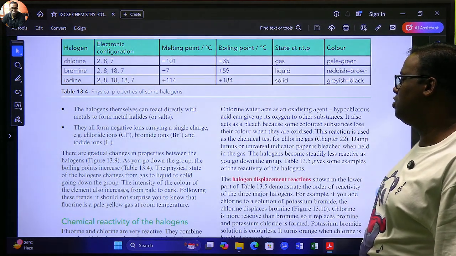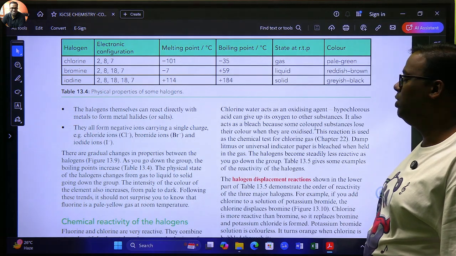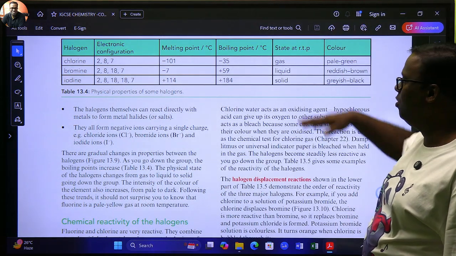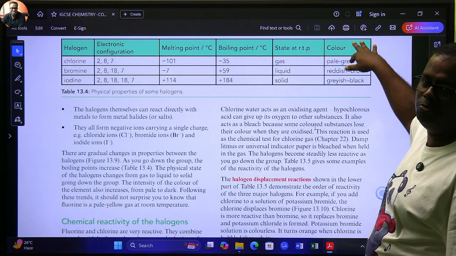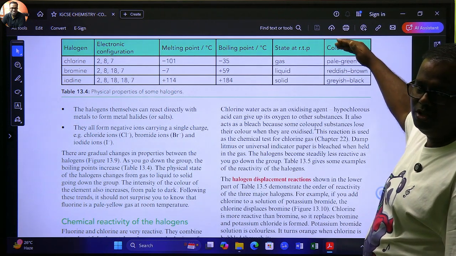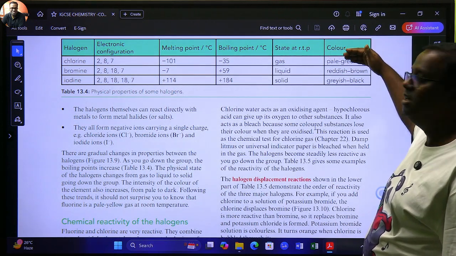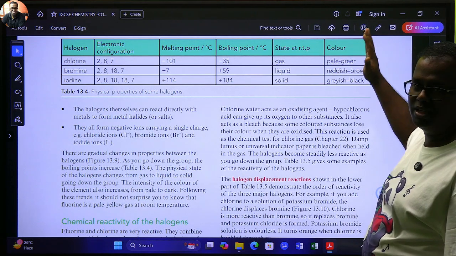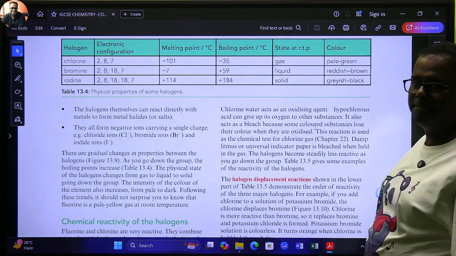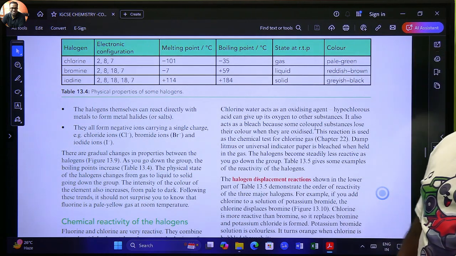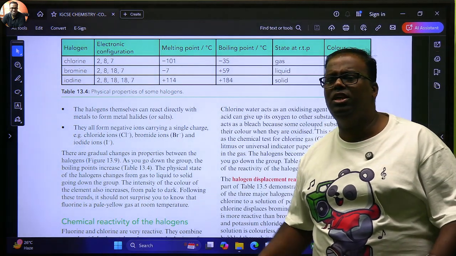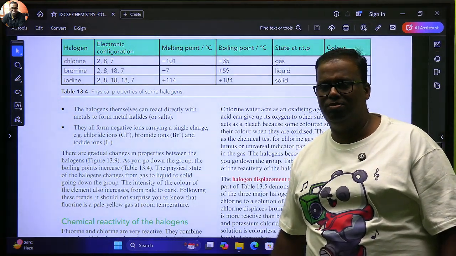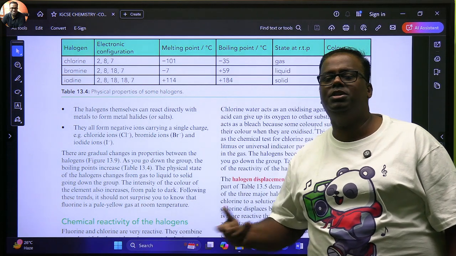Following these trends, it should not surprise you to know that fluorine is pale yellow. Nobody spoke about fluorine. Pale yellow, one step darker pale green, reddish brown, grayish black. Astatine is radioactive, you won't be able to see it. But every time it is transforming, right?